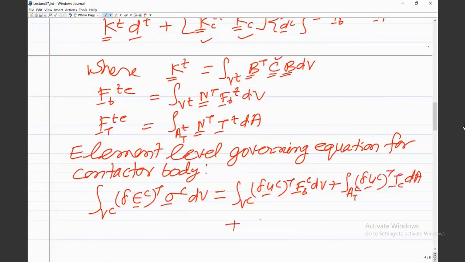That is plus now here in the contactor body, integration over Ac. I have already explained why plus and minus in the target and contactor bodies in the previous lecture. So delta UNc transpose into Fn dA. So this is the virtual work.